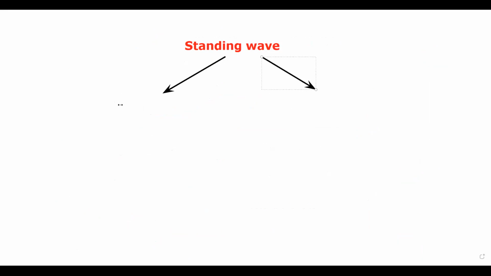The standing wave can be produced in a string or a wire, and the standing wave can be produced in a pipe. And then the pipe can be divided into two categories. It can be an open pipe or it can be a closed pipe.